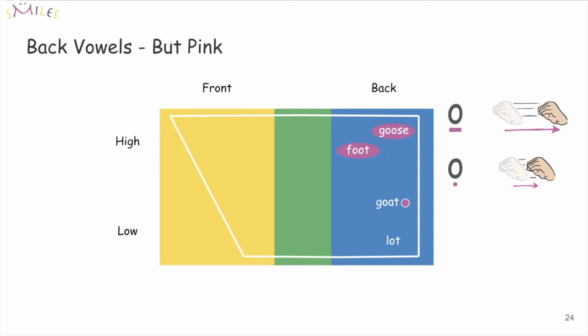Although they are both back vowels, the extent to which lip rounding plays a role in their formation is so prominent that these vowels have been labeled as pink sounds, as is indicated by the pink color of the underlying subscript. Also note the shape of the hand. The fingertips are bunched together, mimicking the pursing of the lips.